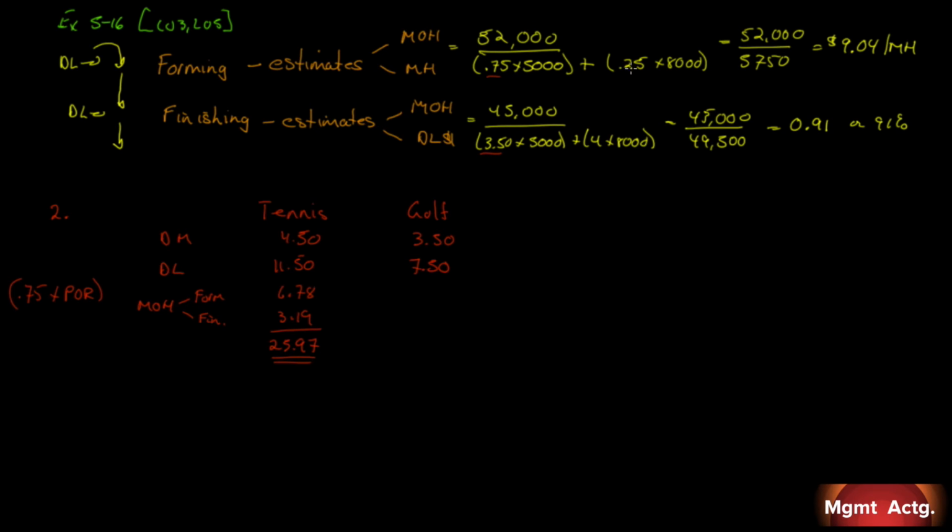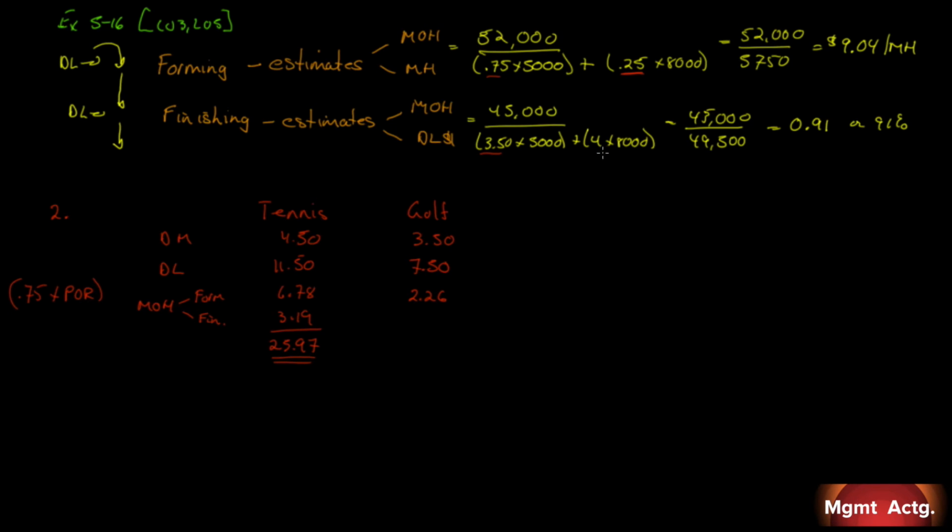The golf clubs, now we have to do the same thing, forming and finishing. All we're doing is taking this 0.25, which is how many machine hours we incurred, and multiplying it by $9.04, our predetermined overhead rate. If you take 0.25 of 9.04, you'll get $2.26.